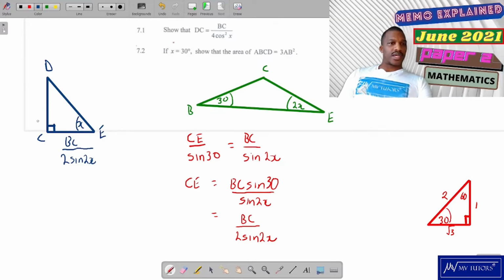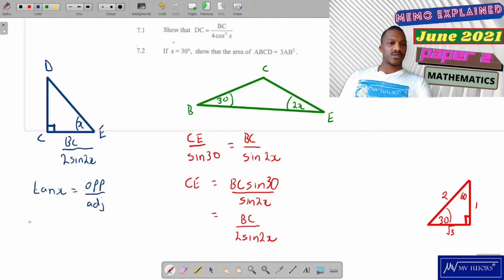Cool. So now we are interested in DC, right? Remember, if it's a right angled triangle, then we can use SOHCAHTOA and Pythagoras. We can't use Pythagoras because we have an angle here, so we're left with SOHCAHTOA. Looking for DC, in SOHCAHTOA, we can use tan, because tan x is equal to the opposite divided by the adjacent.